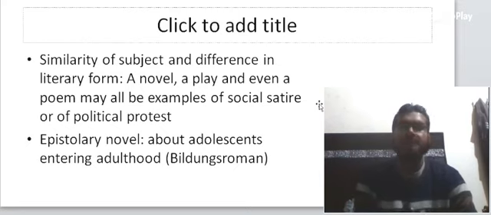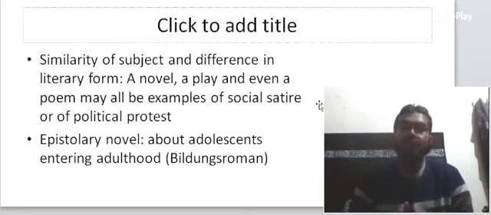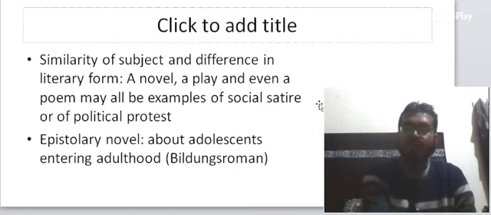Similarly, we have another subtype of novel, that is epistolary novel. This is a novel that talks about adolescents entering adulthood. And there is another word that we use for this type of novel, that is Bildungsroman, that talks about a child or an immature person making progress in terms of age and understanding of life.